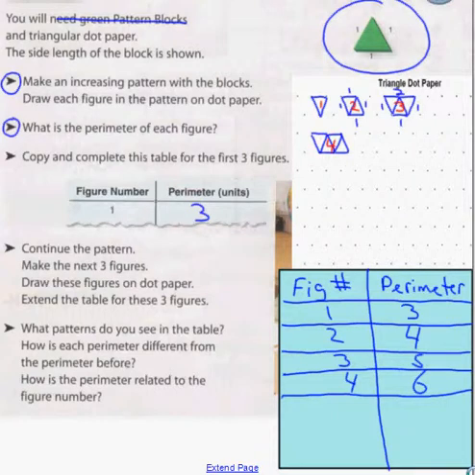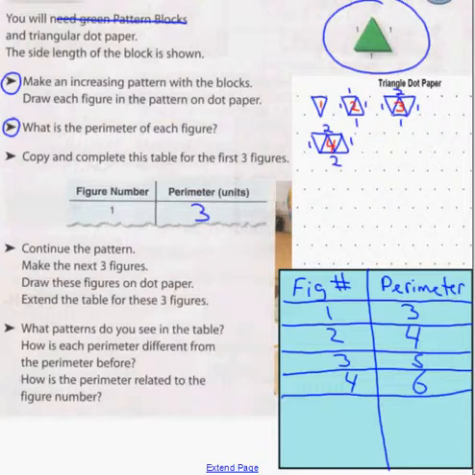On the bottom, I can see 2 triangles. Each triangle has a side length of 1, so 2 of those sides is 1 plus 1 is 2. On this side, I just have 1. At the top, again, the side length is 2. And this side is 1. You add them all up, and you get 6. So it matched the measurements that are here.